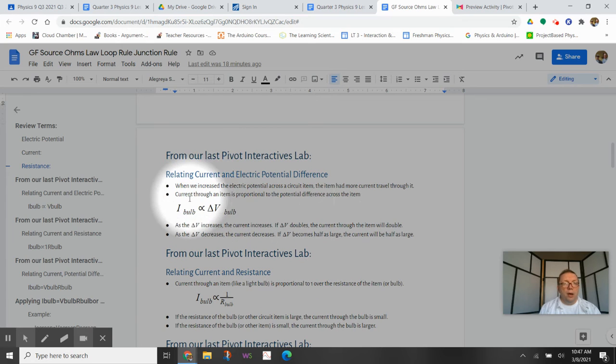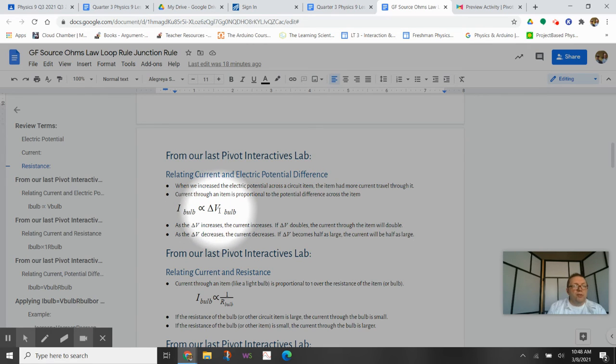And this is a couple of different ways to summarize what we just did with that Pivot Interactives lab. One way to talk about what we get with this is that if the potential difference increases, the current should increase. This funky little almost a fish symbol in between is read as proportional to. So the current in the bulb is proportional to the potential difference across the bulb.